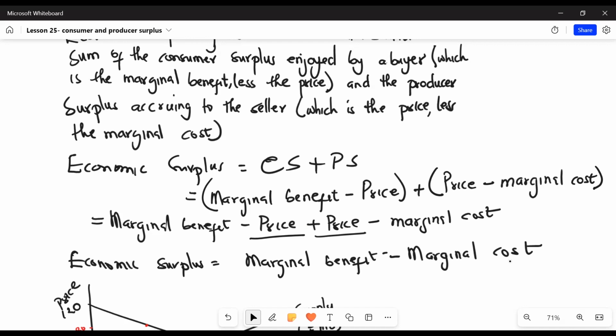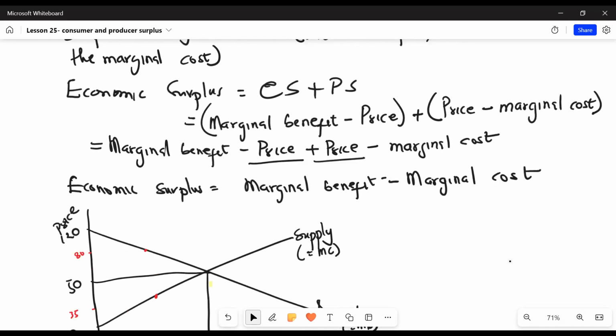So economic surplus can either be found by adding consumer surplus and producer surplus, or it can simply be found as the marginal benefit minus the marginal cost of producing a good. So for example, if you buy a pair of jeans that brings you £80 worth of benefit, and the cost the seller incurred in producing that good is 35, then the transaction will create £45 worth of economic surplus.